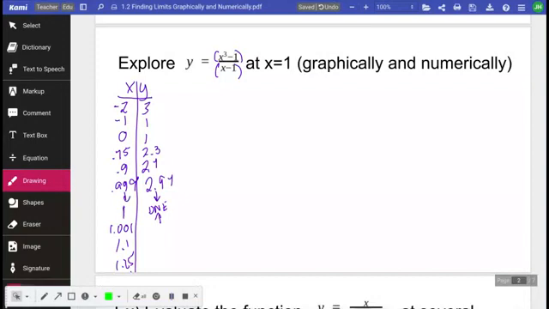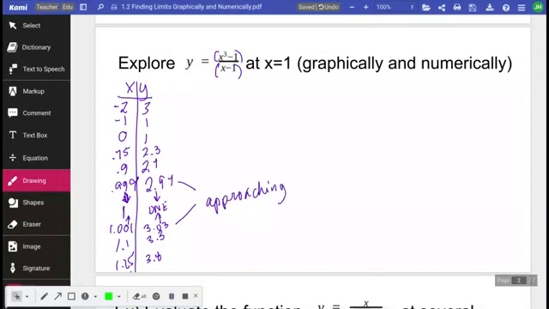So when I plug in numbers really close on the other side, this gives me 3.03, this gives me 3.3, this gives me 3.8, and so on. You could plug in numbers even closer, like 0.9999999 or 1.00001. It looks like it's approaching 3.